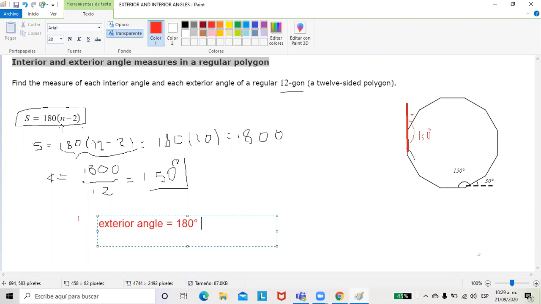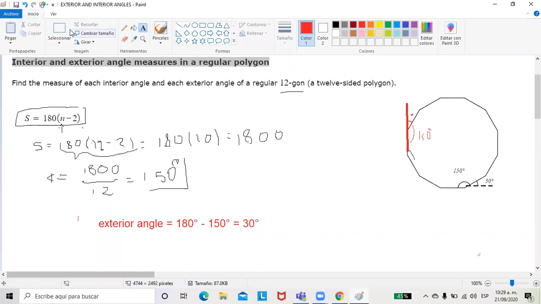So 180 minus 150 degrees, and that is equal to 30. Okay, so this is the answer for the exterior angle, and this is the answer for the inner angle.